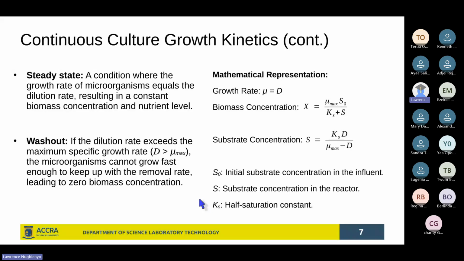That you already understand, which is the stationary phase, where you have the growth rate of the microorganisms being this time around referred to in terms of the dilution rate. What we just looked at, the dilution rate being the ratio of the flow rate to the volume of the culture.